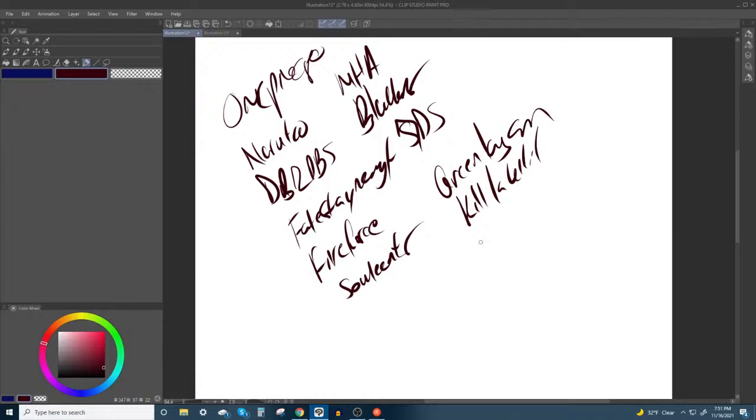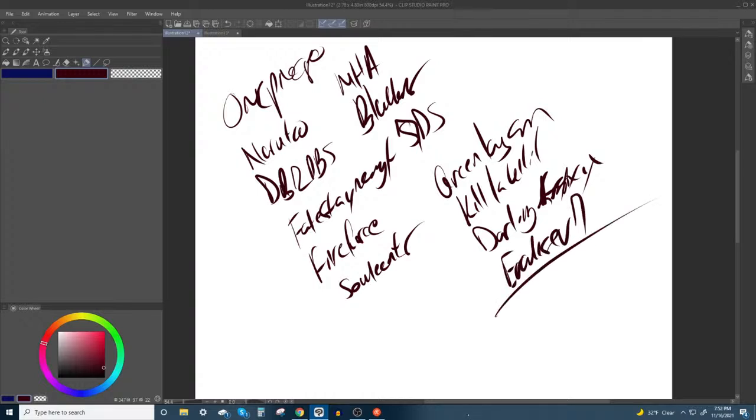I'm using a very high setting on the stabilization, that's why it's all kind of scribbly. I can keep going. Eureka 7. I don't think everyone remembers that one. FLCL, Fooly Cooly. That's not a Studio Trigger movie, but I still like it.